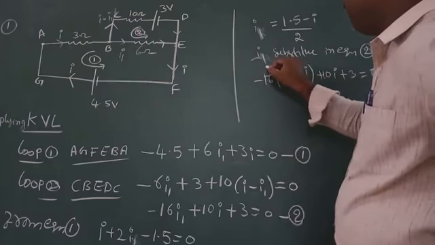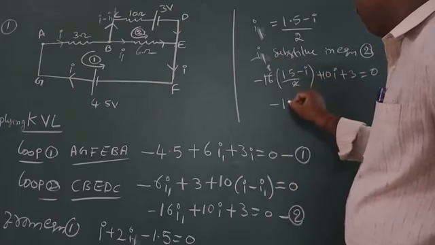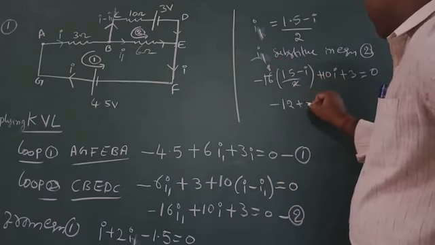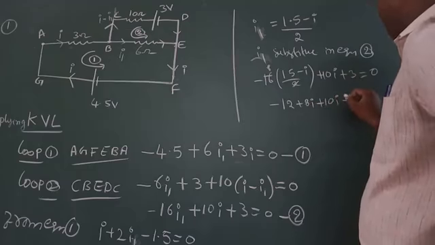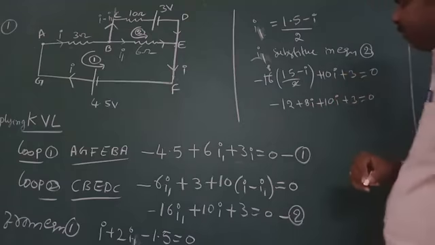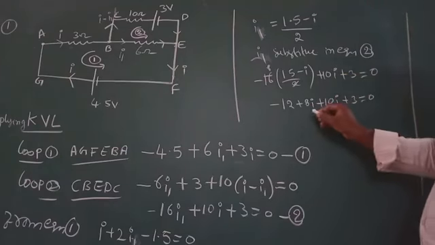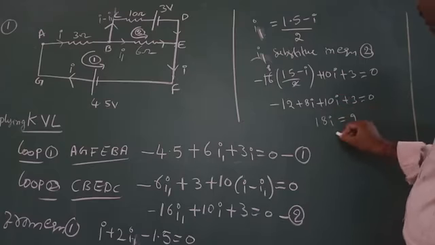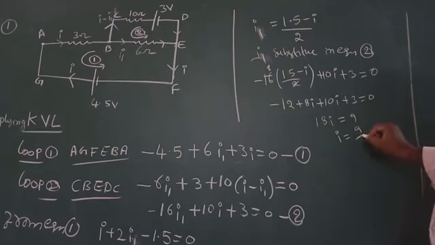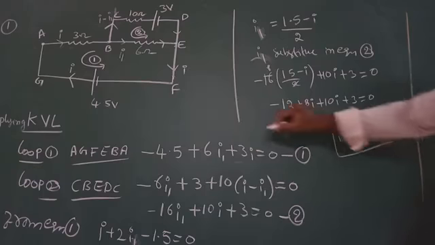Here 2 eights are there: minus 24 plus 8I plus 10I plus 3 equals 0. Then 18I equals 9. Then I equals 9 by 18, that is 1 by 2 amperes.